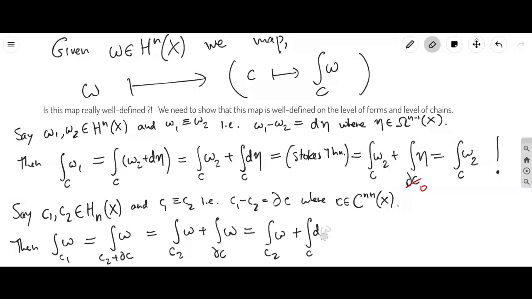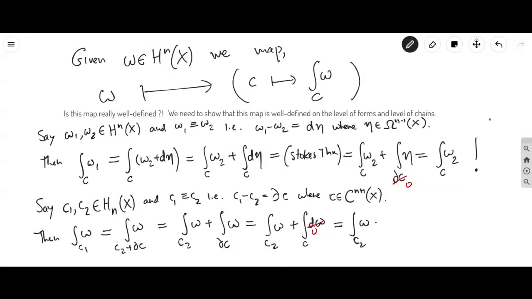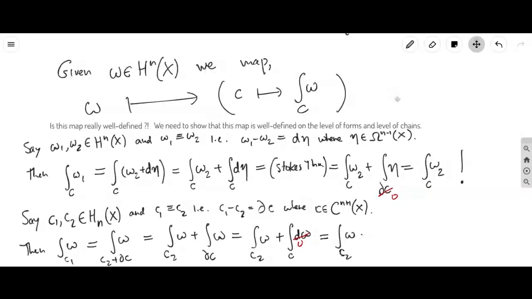And this time we get 0 for a different reason. Before we were getting 0 because it's a cycle, but now we're getting 0 because omega is specifically chosen in the cohomology. So by definition, its derivative is 0. And so we're getting that that's the same thing, the integral of omega over C2. So there we go. So this map is well defined. So that's the big idea.